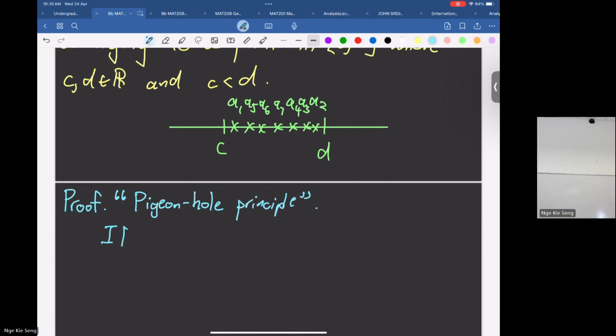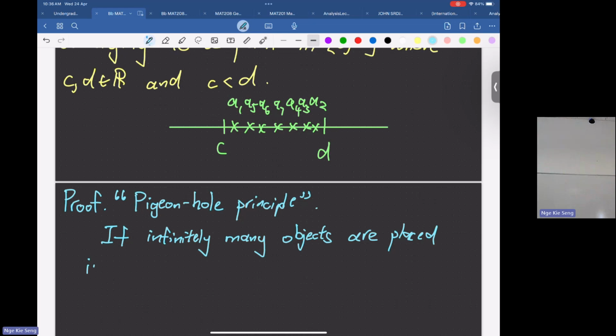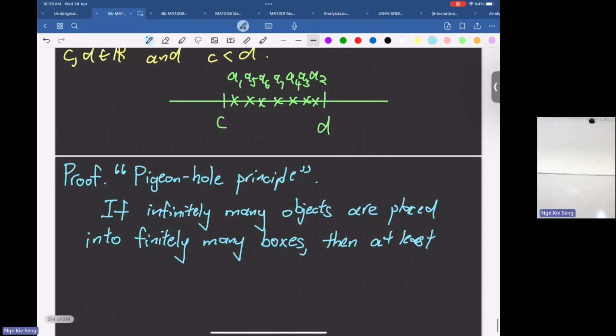If there are infinitely many objects placed into finitely many boxes, then at least one box has infinitely many objects.